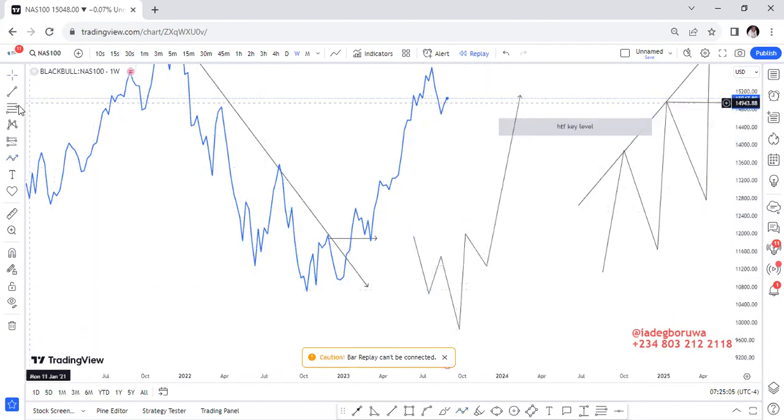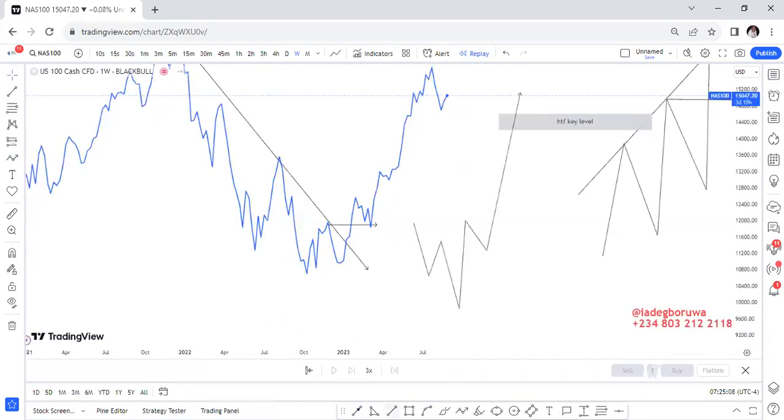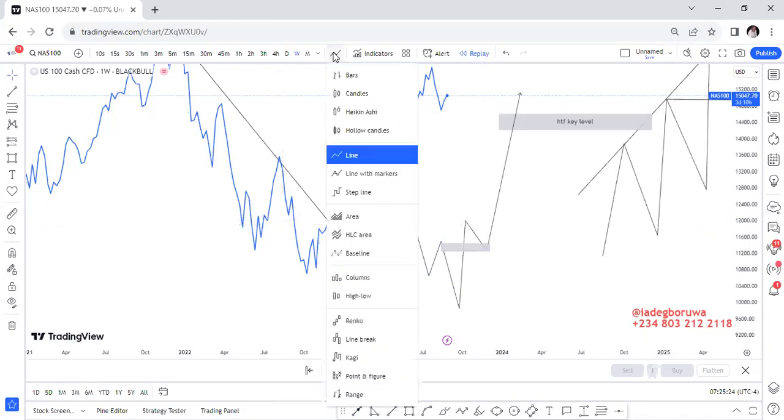So this place becomes your convergence here with a kind of SNR level. A connection between the SNR level and this pullback here will give you a good break above the trend line. So you can see the breakout, and price moves higher.